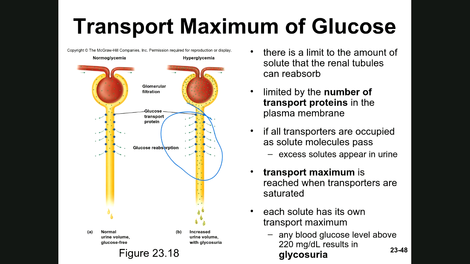But glucose is food. You aren't supposed to waste food. But the problem is that the nephron doesn't have the capacity to reabsorb all that glucose back to the blood because all the available transporters are busy. And that is when the glucose goes into the urine.